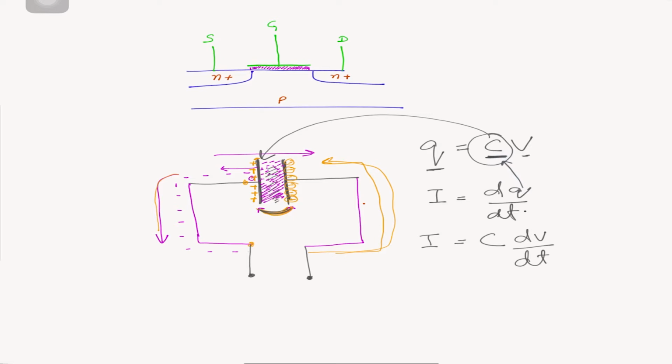Let's look back into the transistor picture, and if you remember the inverter that we had, okay, PMOS.